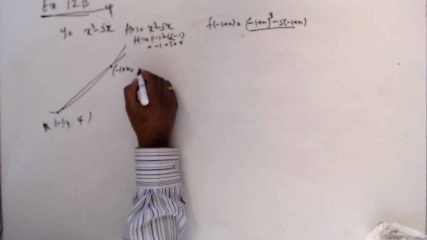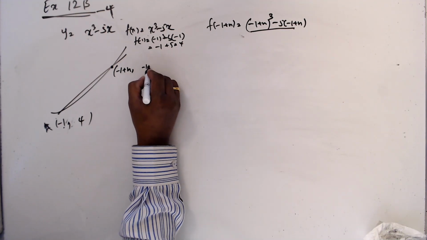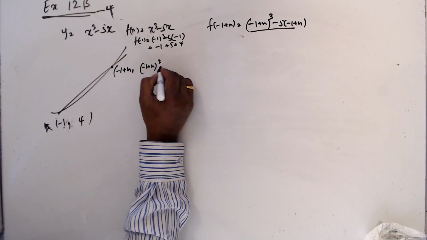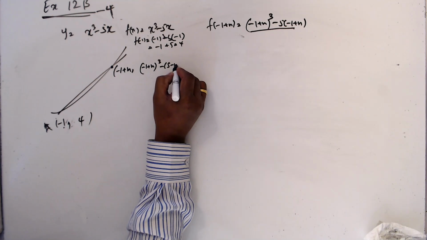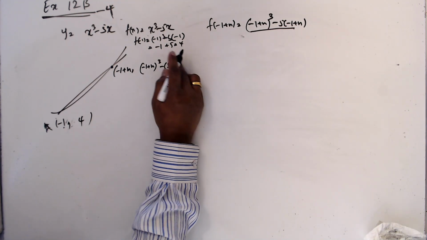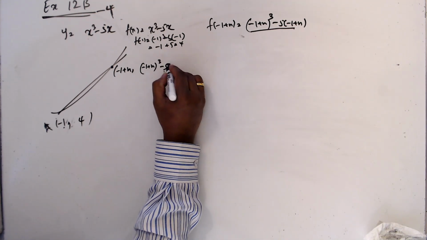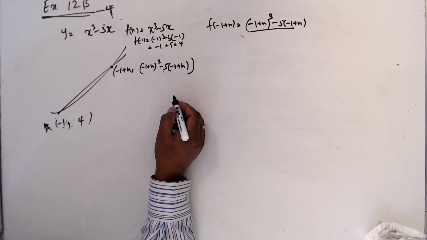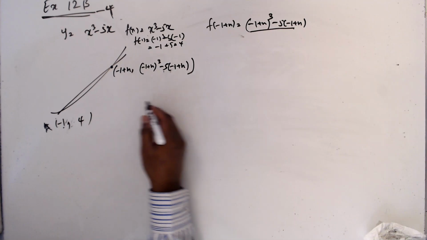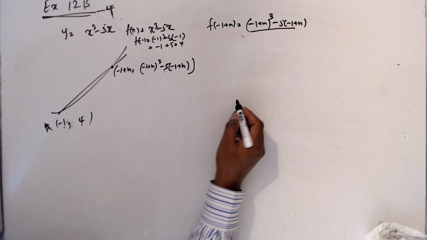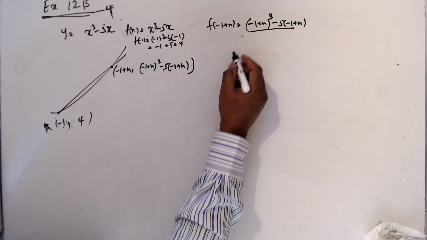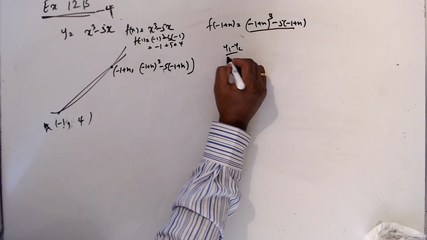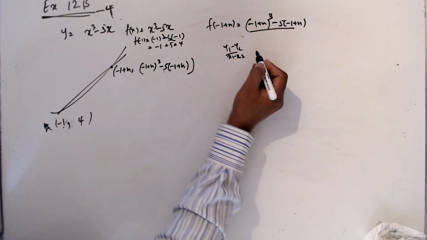I'll write here the y value is (−1 + h)³ − 5 times (−1 + h). Now let's write the gradient: (y1 − y2) over (x1 − x2).